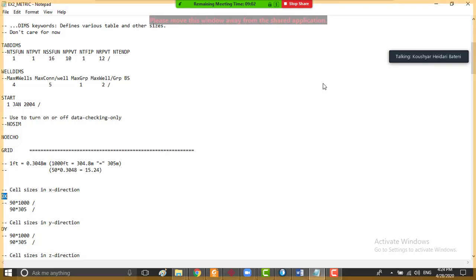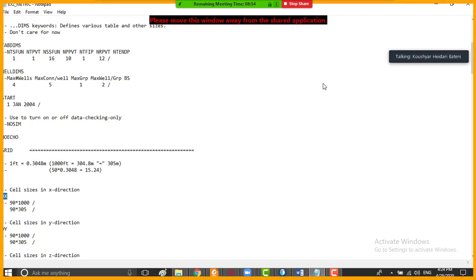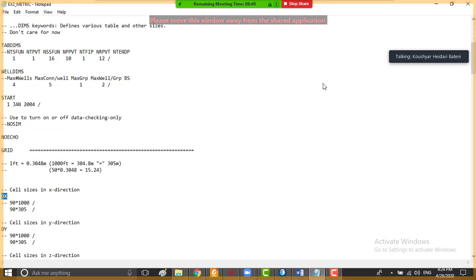Guys, this part is super important. Please pay attention. Do you agree with me? If the length of each block in the x direction is 1000 feet, then after this dx keyword, I have to write 1000 feet, which is the length in the x direction, 90 times for each block.